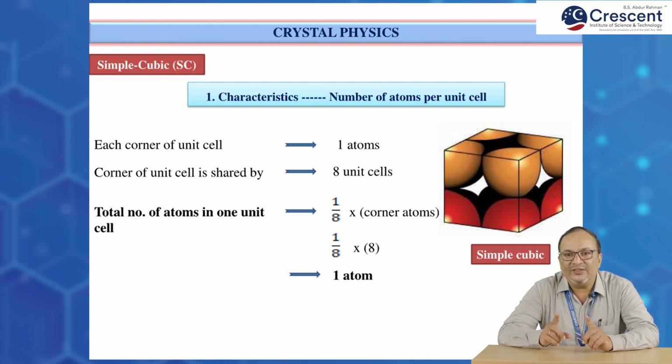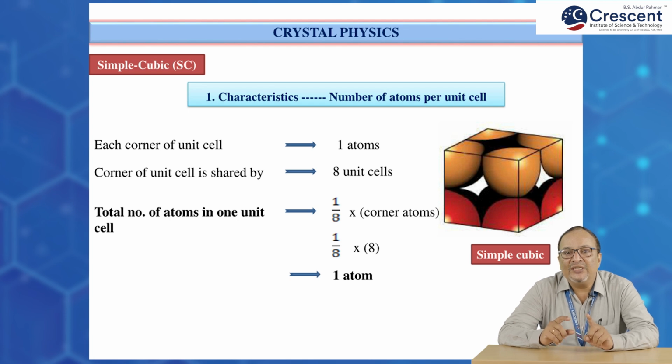You see here, this is the actual 3-dimensional view. Can you see the atoms present inside? You take only one corner: the atom is not entirely present inside, it is shared by 8 unit cells.